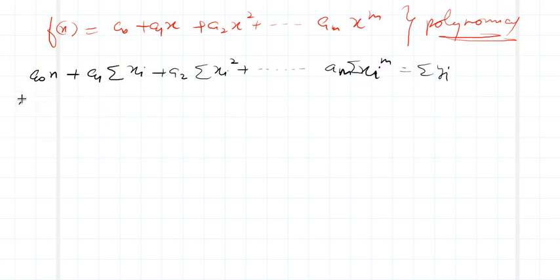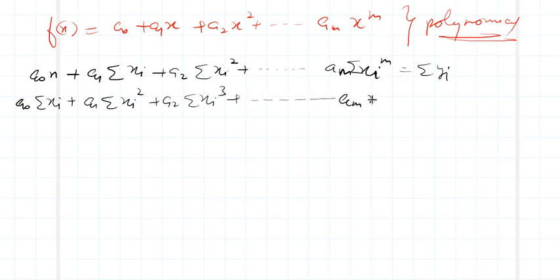Then a naught summation xi plus a1 summation xi square plus a2 summation xi cube and so on, plus am summation xi raised to power m plus 1, is equal to summation yi xi.